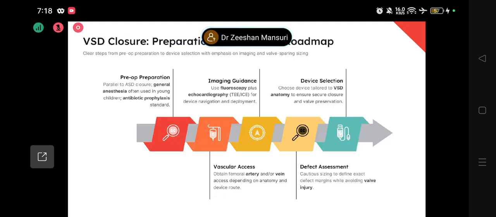One dictum for device closures in the infant is that at least 5 to 7.5 kg of weight should be there, so that device closure can be attempted, because that means the size of the femoral artery and the iliac is at least 3 to 4 millimeters. And for PDA and ASD, we recommend that 10 to 15 kg of weight should be there.